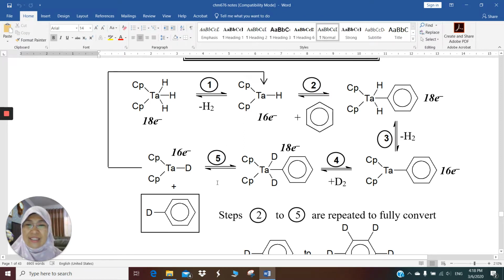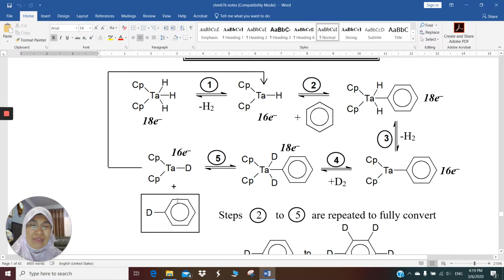In the fifth step, in the reductive elimination, what is being eliminated is a benzene with one deuterium attached. It was originally benzene with 6 hydrogens. Now you have a benzene with 1 deuterium and 5 hydrogens left.